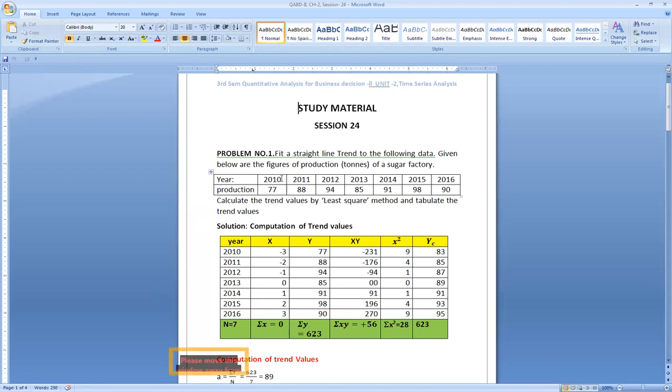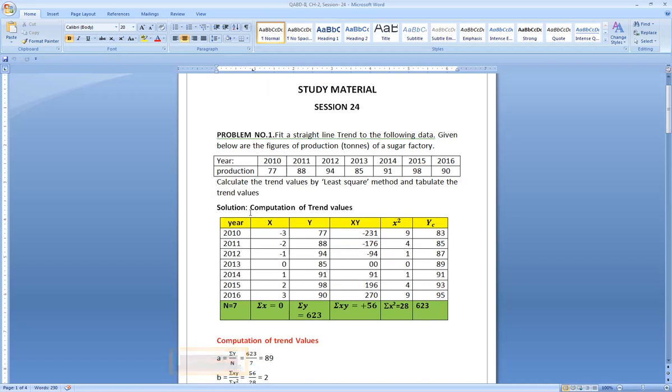That is 7 years of data, starting from 2010 and ending at 2016. The production figures are 77, 88, 94, 85, 91, 98 and 90. Now we have to calculate the trend values with the help of the least squares method.